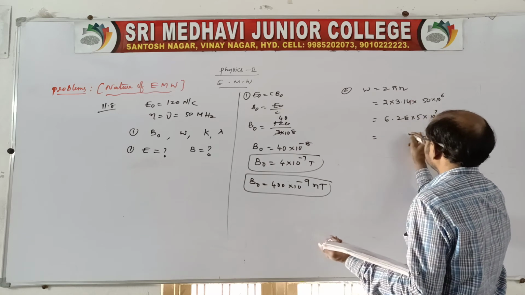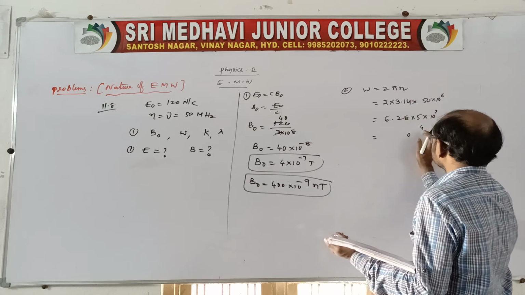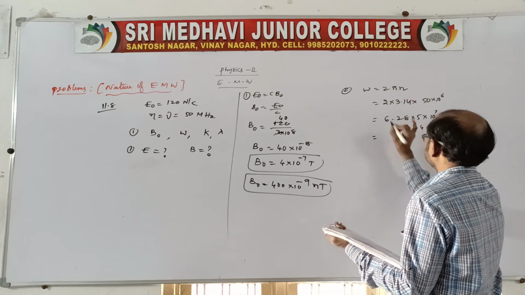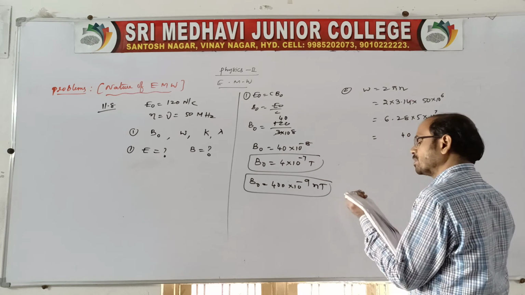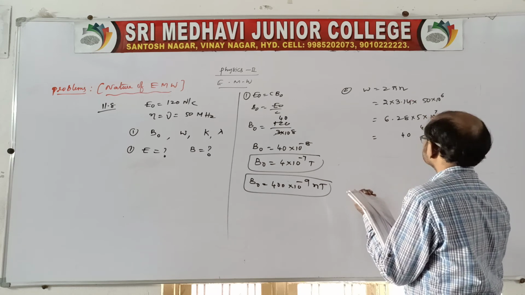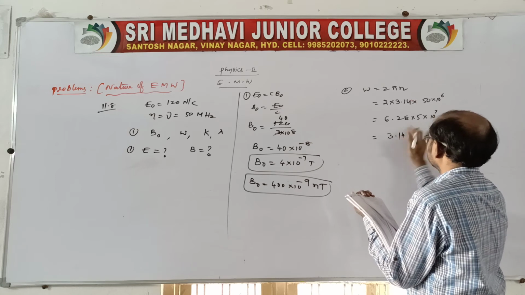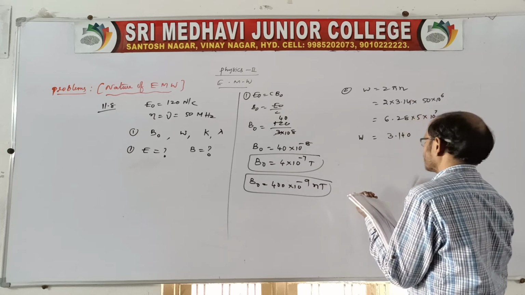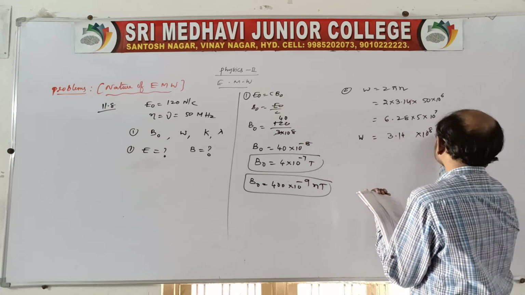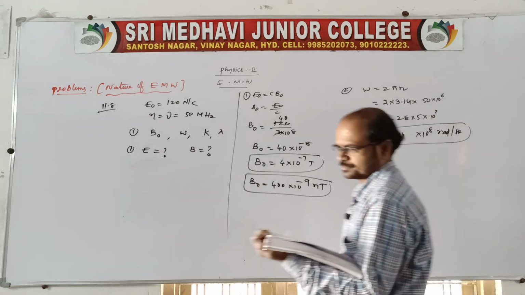Multiplying this, we get approximately 3.14 into 10 power 8 radians per second. This is the omega value.